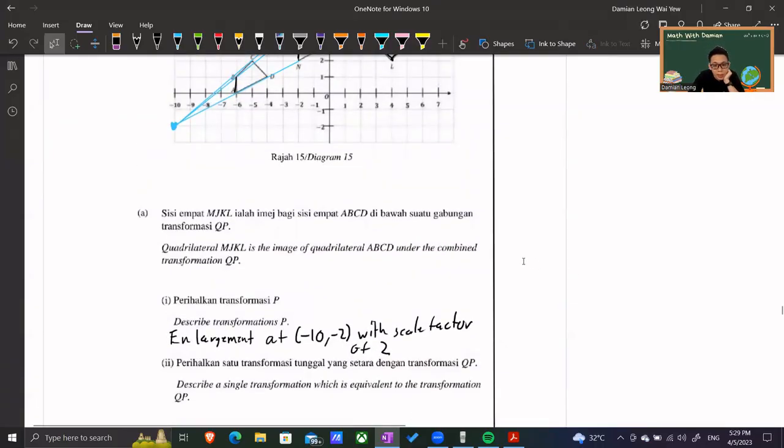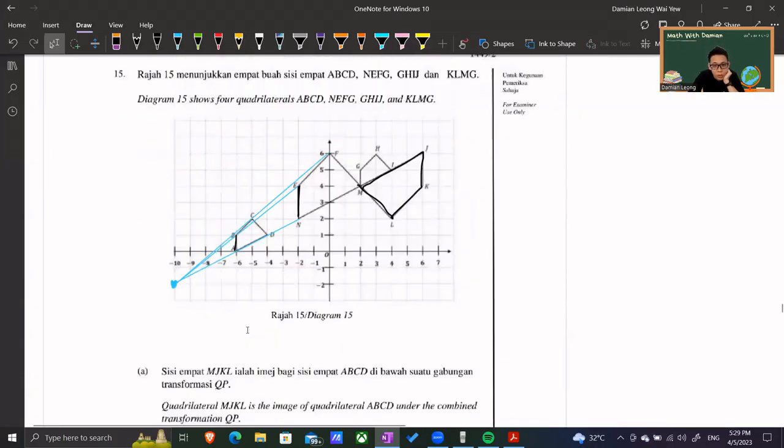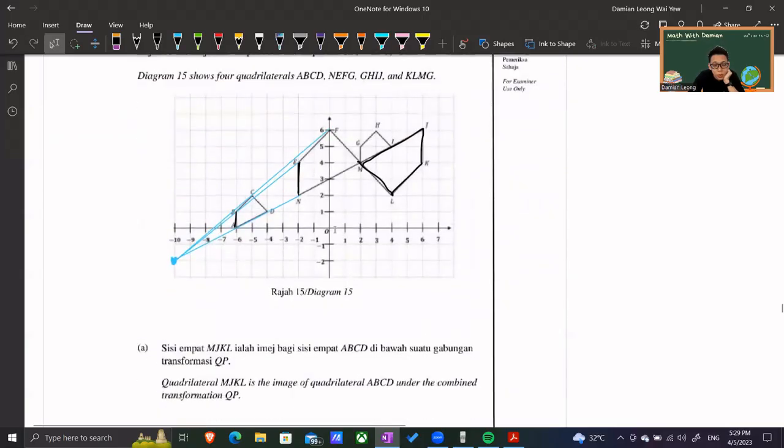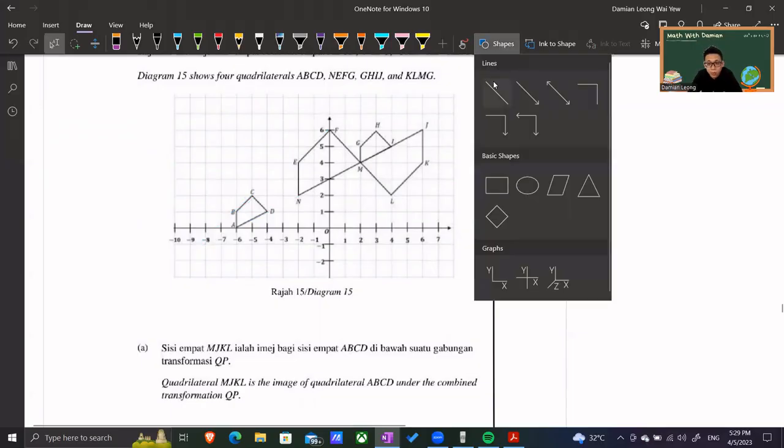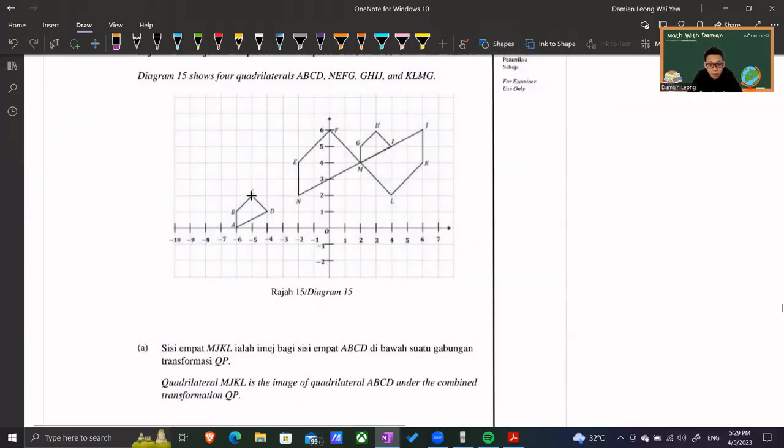I just want a single transformation equivalent to transformation QP. So to go from ABCD straight to MJKL, that would also be an enlargement. If we find the center of the enlargement, again, we use straight lines to connect the equivalent points.